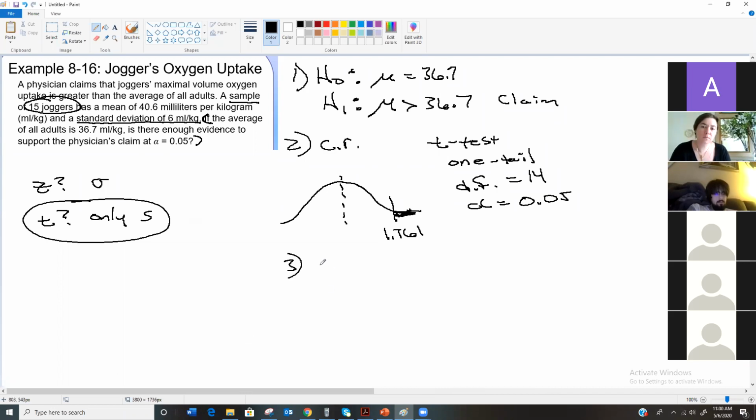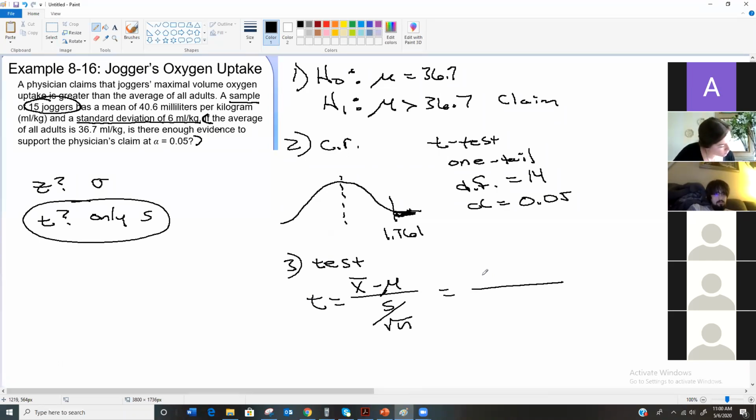Okay, so now we're ready for our test value. We're going to find our T, which is exactly like finding a Z. It's just you only have the S instead of the sigma. So now we're going to put in the 40.6 from the sample, and our mean is 36.7.